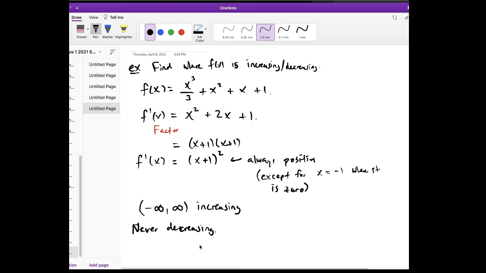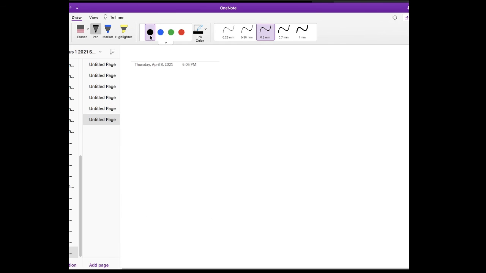Okay, so let's do another one. It's a bit more interesting. Let's do x cubed over 3 plus 3x squared plus 5x plus 6. So the goal is increasing and decreasing. Find where it's increasing and decreasing. Okay, so what's the derivative?